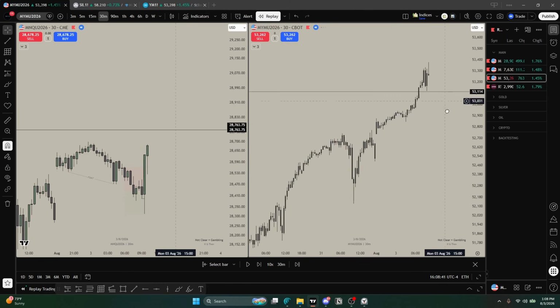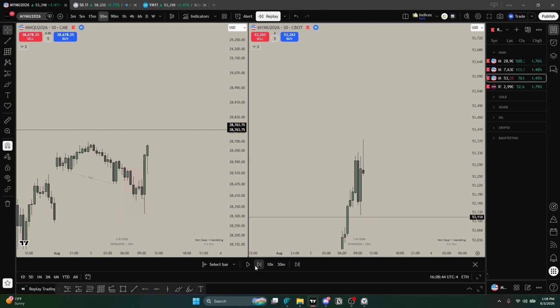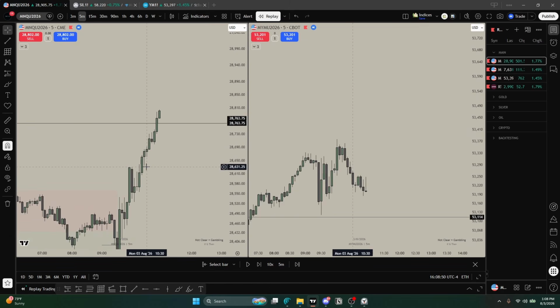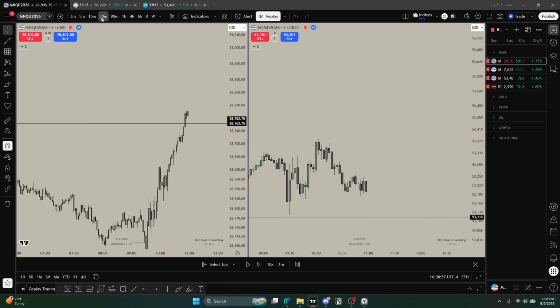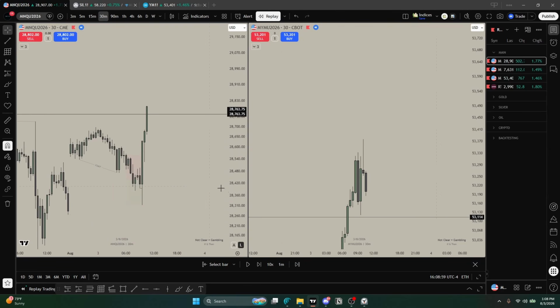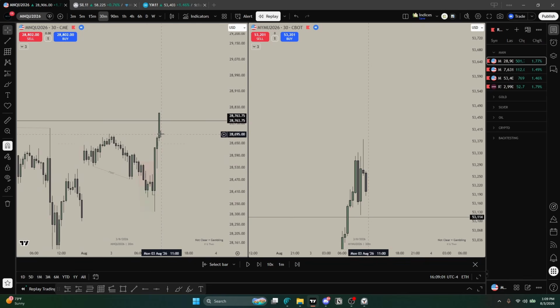Then we see YM, the 30-minute, we create this second stage PSP SMD fill, where there was no entry going into 10:30 away from that. That was clean. Even on the 3-minute, it's really ass. So not a valid trade.